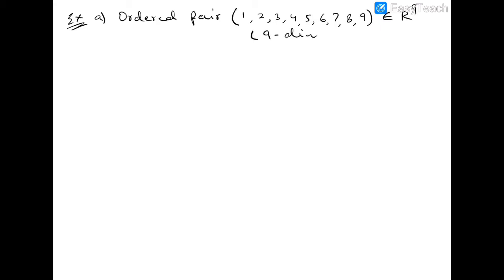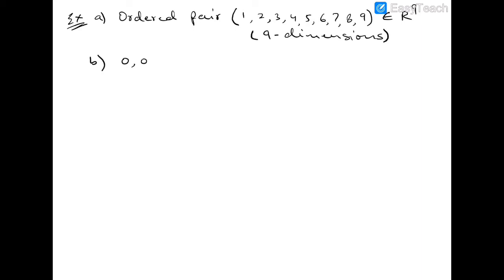For example, the ordered tuple (1, 2, 3, 4, 5, 6, 7, 8, 9) belongs to R9, that is 9 dimensions.